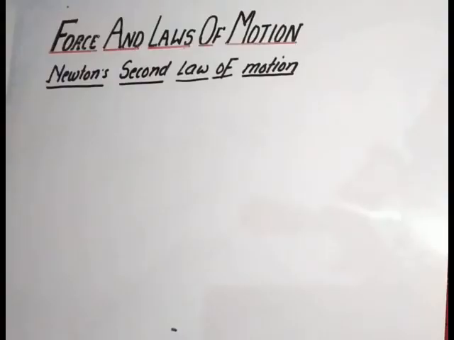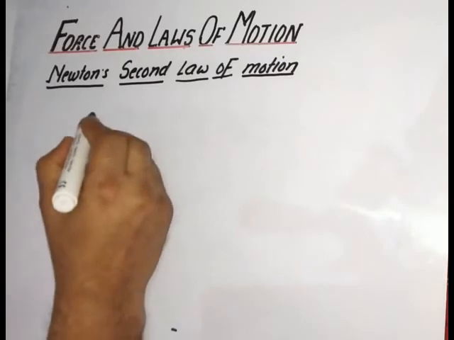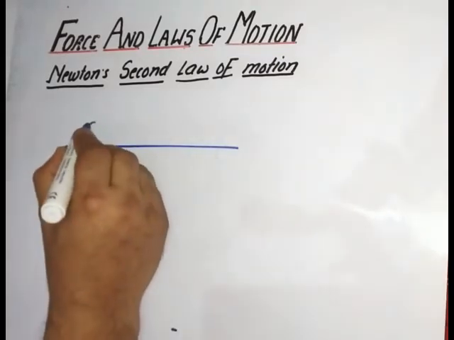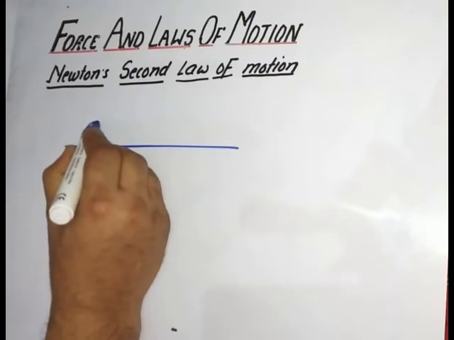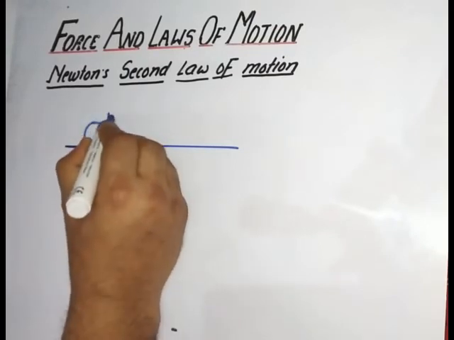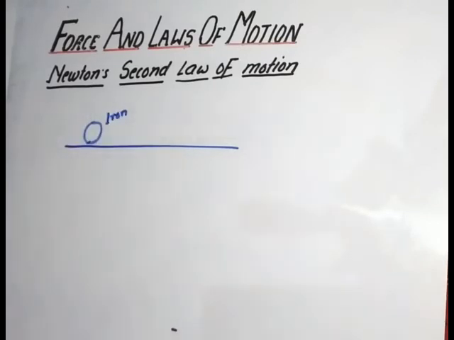So we start our second law. Newton's second law of motion. Suppose we have two balls, one made of iron, this is an iron ball, and the other one is a plastic ball.